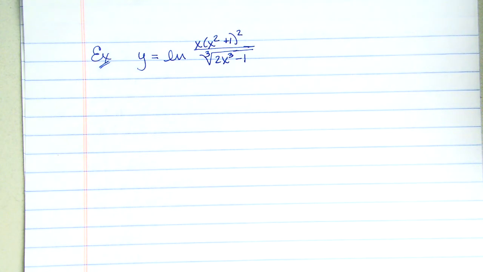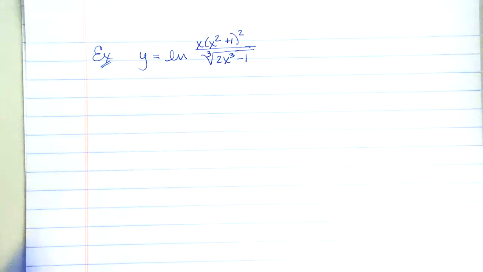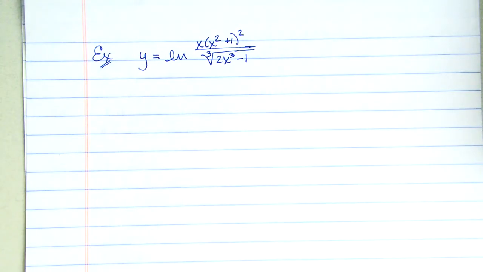I want to see if you can do this. Don't you dare try it this way, the way it's written. Use your properties first to write it as 3 fully expanded logs. Then do your derivative. There will be some chain rule involved. That's okay. But see if you can do this. I think you can.